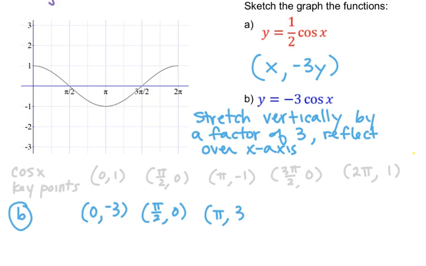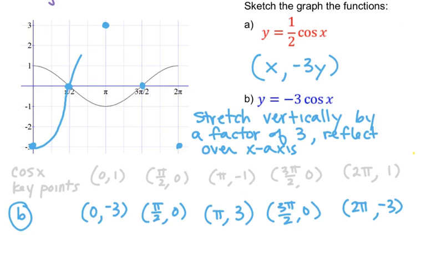(Pi, -1 times -3) gives me +3. (3 pi over 2, 0) doesn't change. And (2 pi, 1 times -3 is -3). So I'll plot these points: -3, 0, +3, 0, and -3.